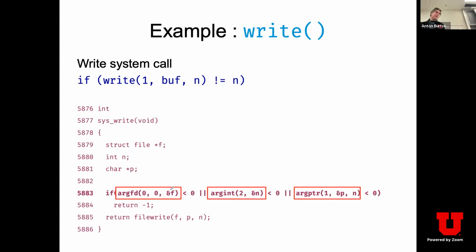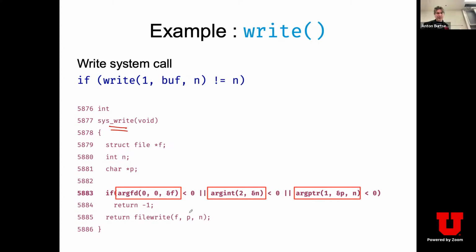When it implements syswrite, it follows those helper functions like argfd, which fetches a file descriptor, argint, which fetches an integer, or argptr, which fetches a pointer, right? What those functions are doing is essentially looking at the user stack where the arguments live and sanitizing them as they go.